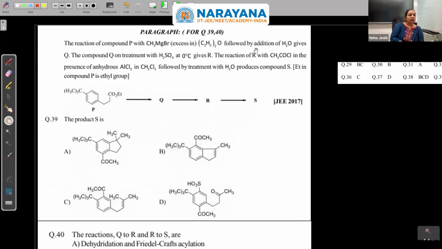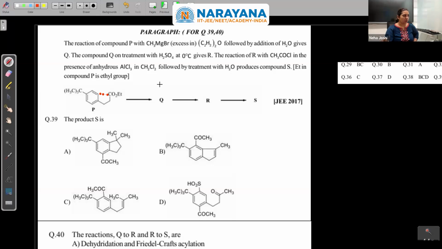In diethyl ether followed by addition of water gives Q. The compound Q on treatment with H2SO4 at 0 degree centigrade gives R. So when they are talking of excess CH3MgBr attack, this will become a 3 degree alcohol. And then on treatment with concentrated H2SO4, you will have a Friedel-Crafts ring closure.